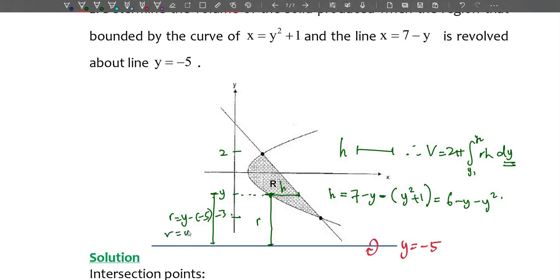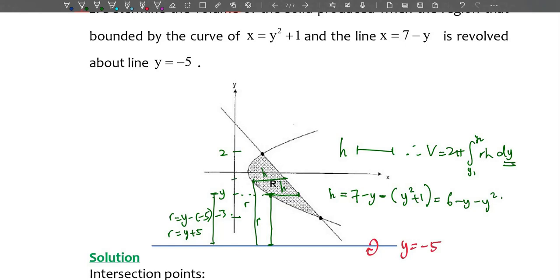Therefore, R is equal to y plus 1. This is the distance. Even if you drag your R until this edge, this is your R, and this is your H. H will also be the same: the function on the right minus the function on the left.